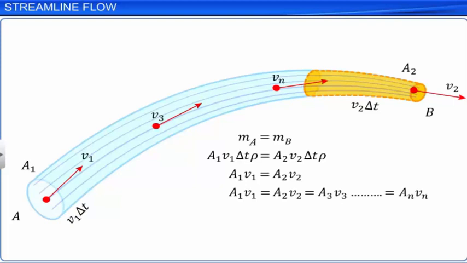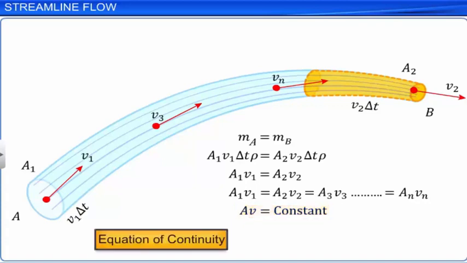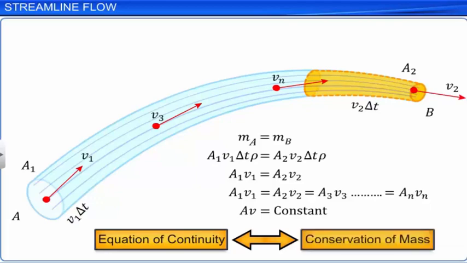Thus, we can say AV is constant. The equation of continuity is valid as the product of area of cross-section and speed remain the same at all points of a tube of flow. The equation of continuity represents the conservation of mass in the case of moving fluids.